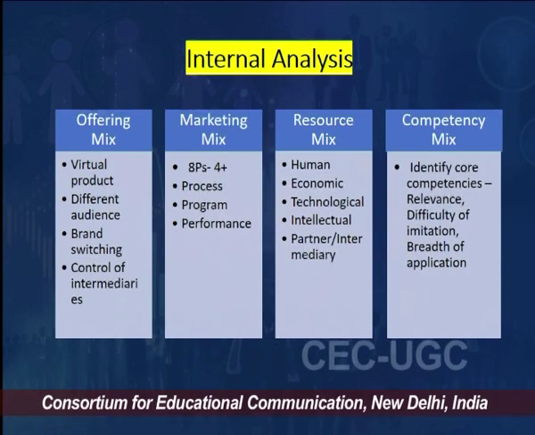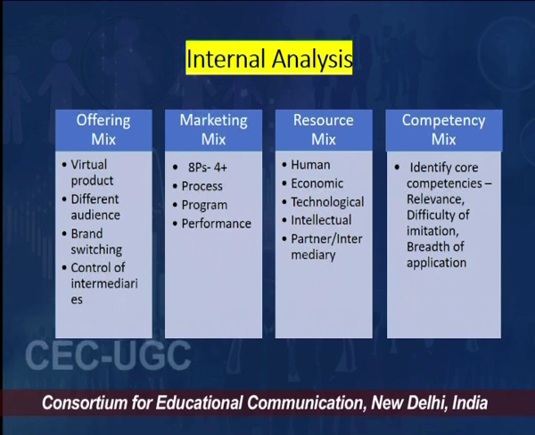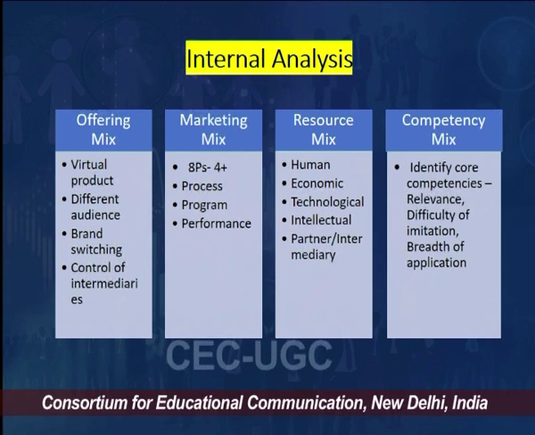In addition to these, we also deal with 3 other more important P's in the digital landscape, which are process, program and performance. This makes 7, and the 8th P that we are talking about is how we are taking care of the entire digital package.